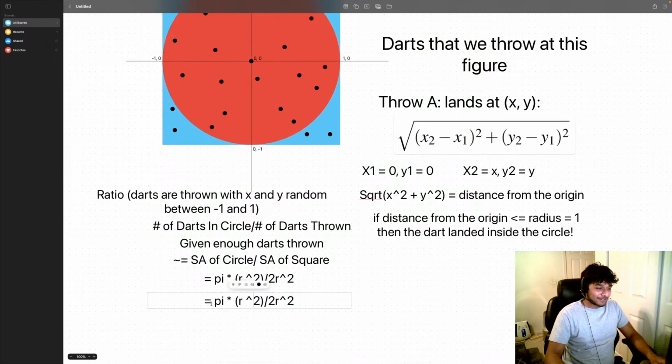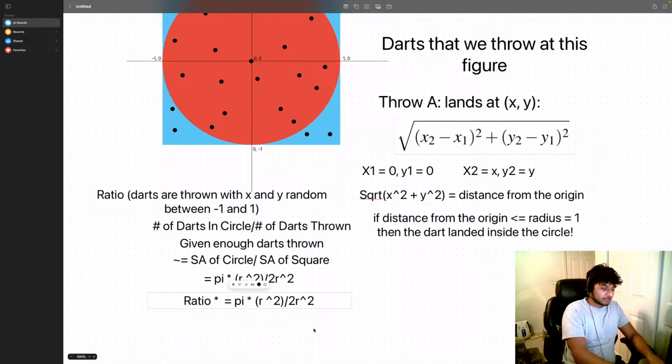So this is equal to the ratio, obviously. So the ratio, we leave pi there. The ratio times, need some parentheses here.